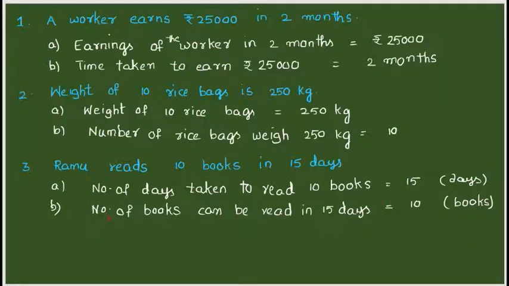And if you give the preference to the number of books: number of books that can be read in 15 days equals 10. Transforming a sentence into a different form without changing the meaning, you must know this, children. If you are perfect in transforming sentences, only then will you be able to do the further problems. So let us see the further problem.